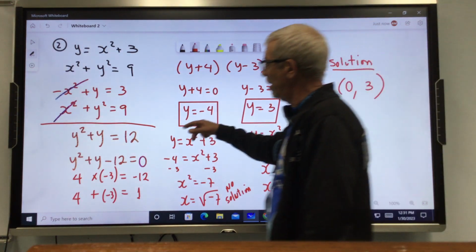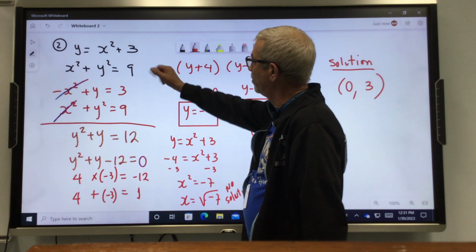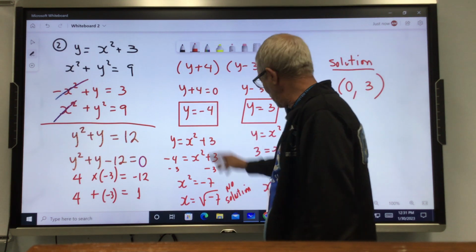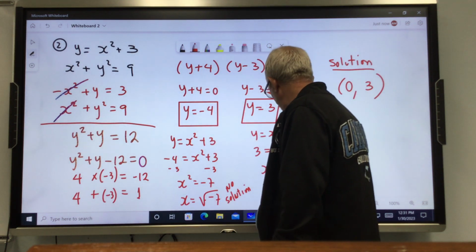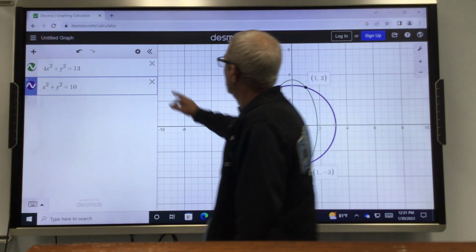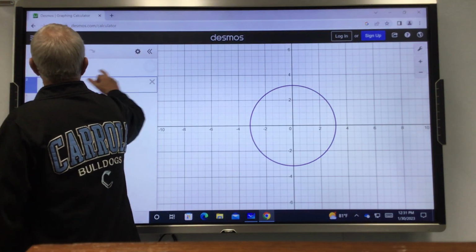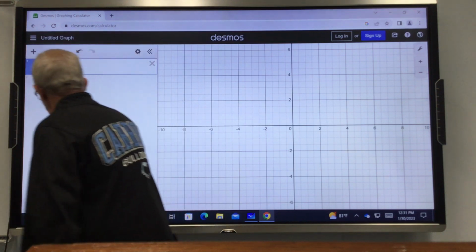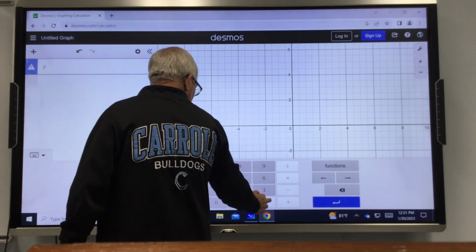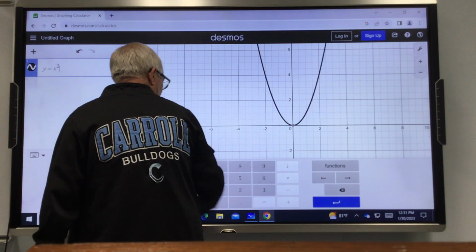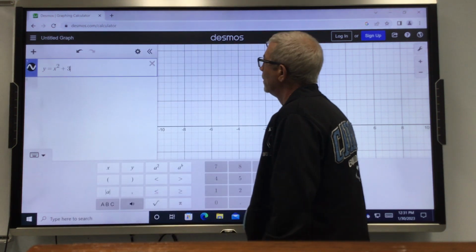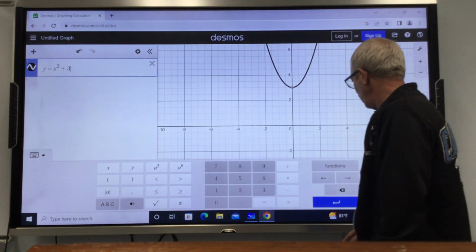Okay, let's graph these two. Can you tell me the equations because I cannot memorize them. y equals x squared plus 3. That is the first one, a parabola.